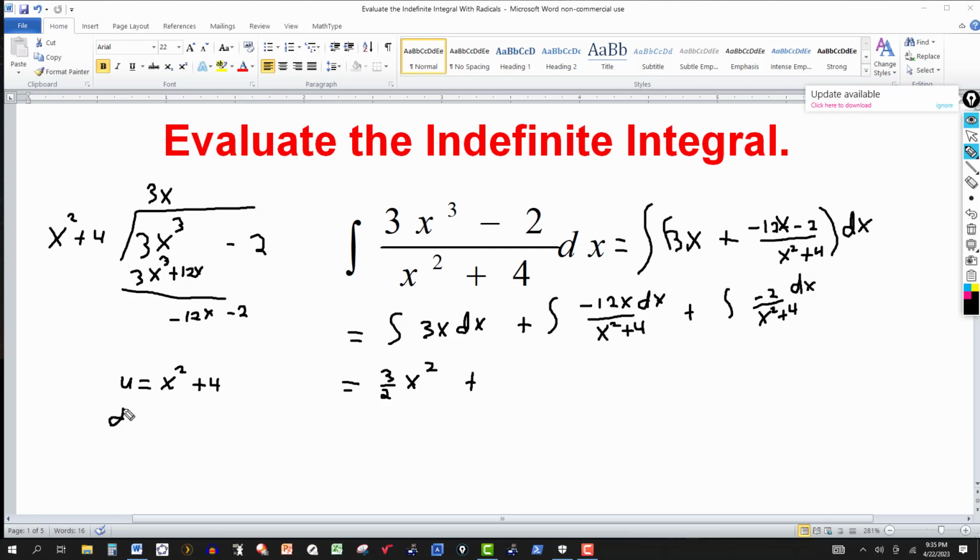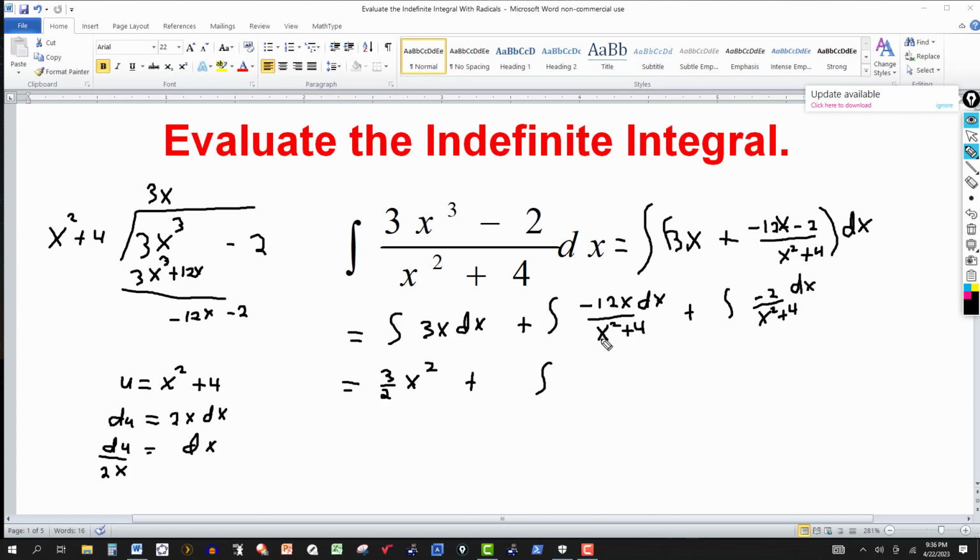Then du is 2x dx, since the derivative of 4 is 0. So I'm going to solve for dx. There are different ways to do it. I just say dx equals du over 2x, replacing the dx here.